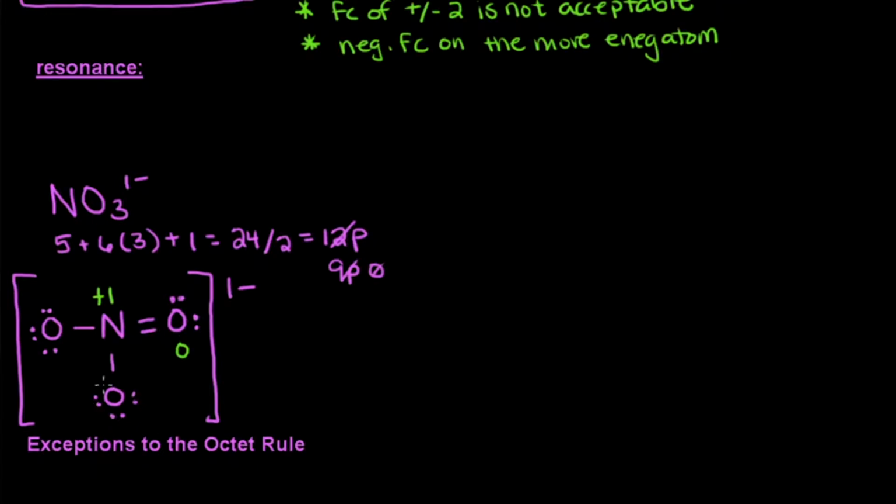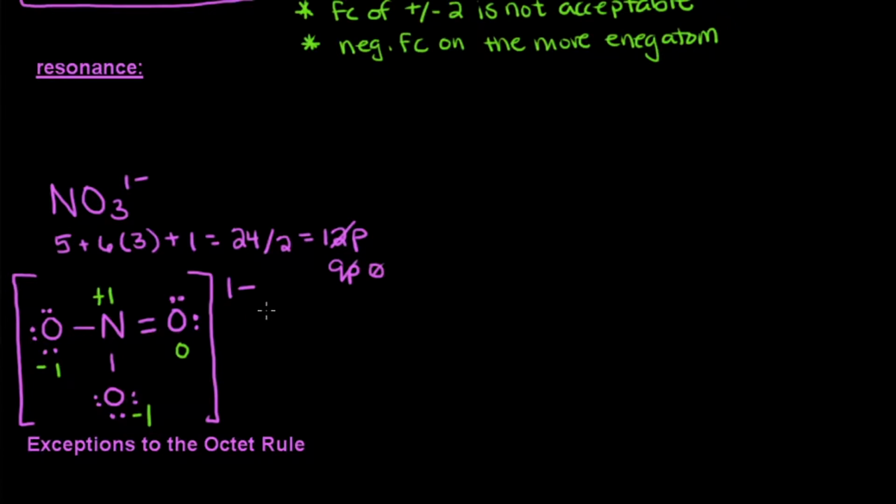This oxygen, normal number of valence electrons is 6 minus 1, 2, 3, 4, 5, 6, 7. And this oxygen looks the same as that oxygen, so it's going to have a -1, but we could calculate it. 6 minus 1, 2, 3, 4, 5, 6, 7. -1. Do you see how all of my formal charges add up to the charge on the polyatomic ion? So that means I calculated correctly.